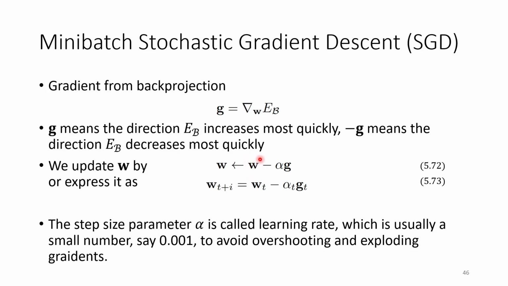So this is our previous gradient, the direction is negative g, and we introduce a coefficient alpha. We call it the learning rate. Usually we will set a very small learning rate, say 0.001, because we want to ensure the new w will generate a slightly smaller error value.